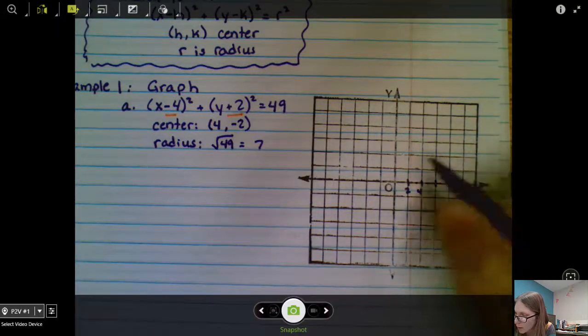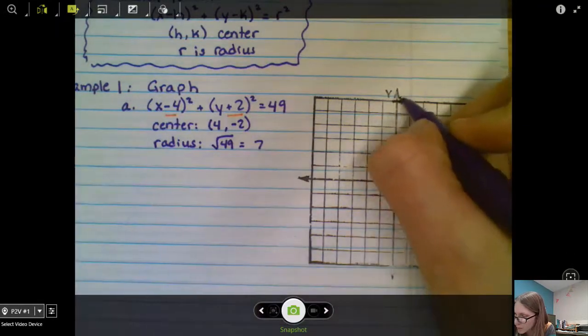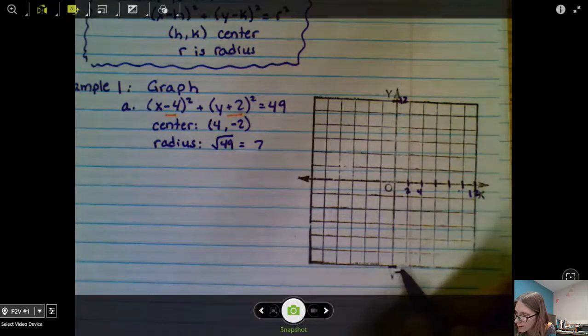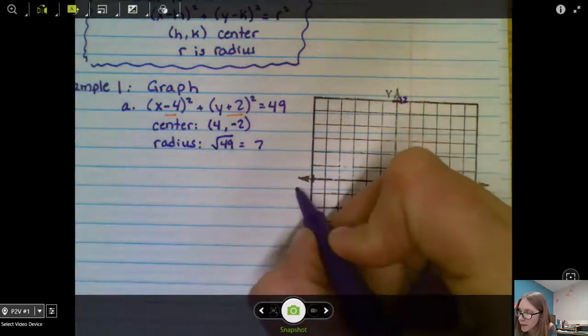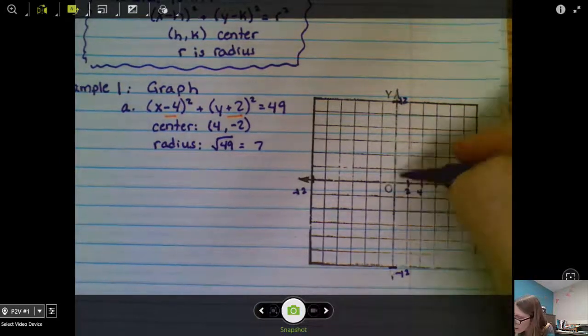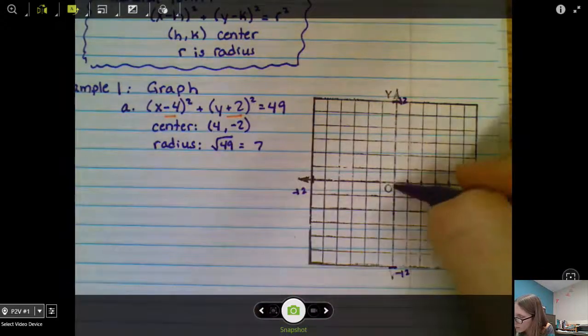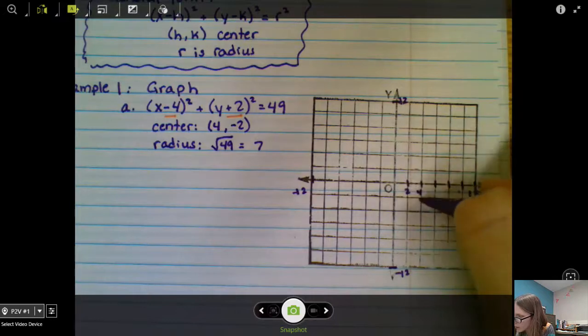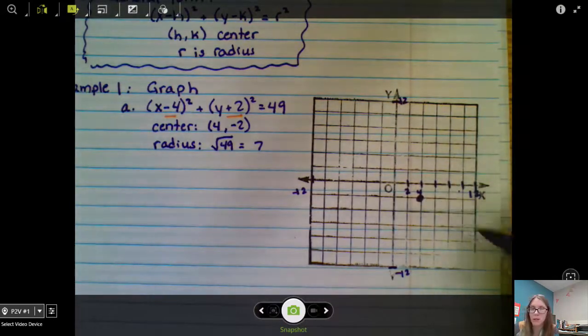So this is 12, up to 12, negative 12 and 12. So to graph it, we start off by plotting the center of our circle. The center is 4, negative 2. 4, negative 2 would be here if I'm going up by 2's.